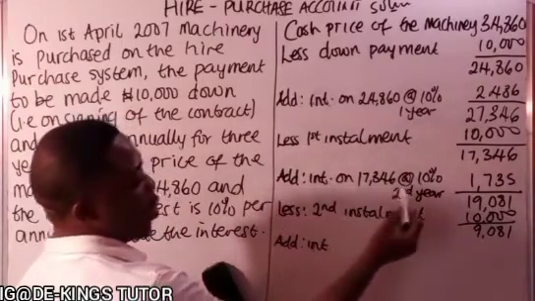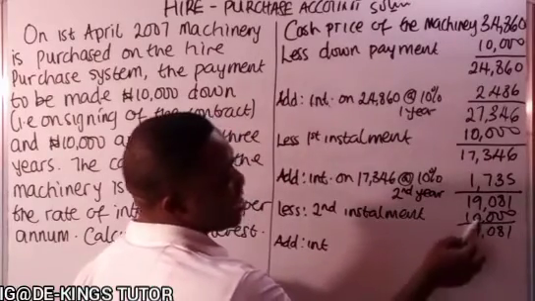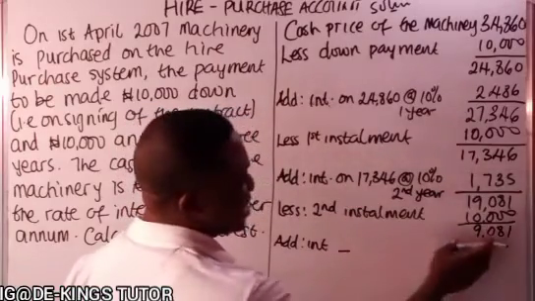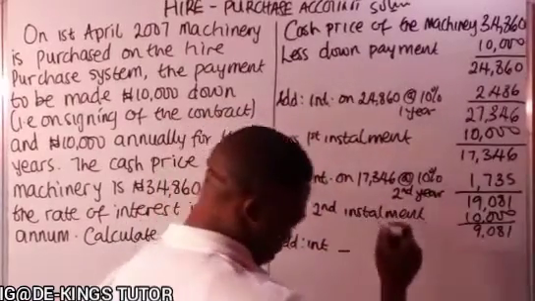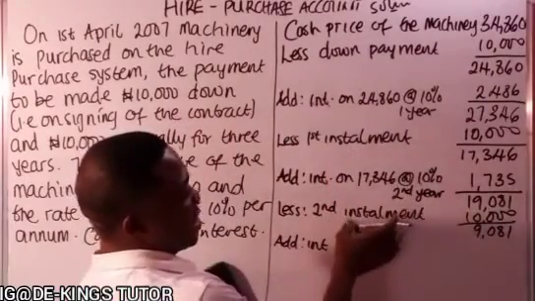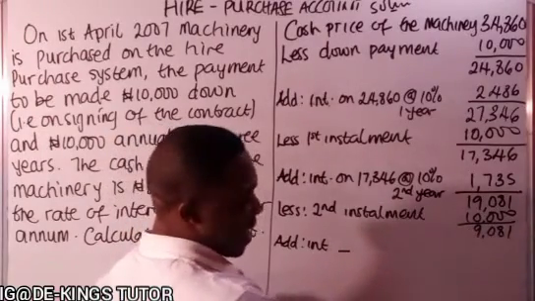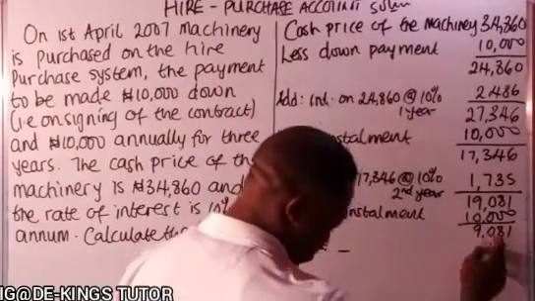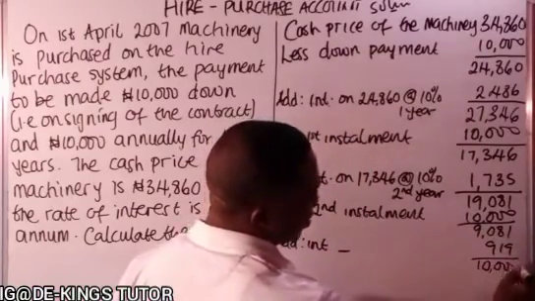Now, the third interest, you will not calculate on 10%. Why? If you calculate on 10%, the amount you get will exceed the last instalment of 10,000. So what we're going to add is the amount that is necessary, since we know that 10,000 is supposed to be paid as the third instalment. So we deduct this amount from 10,000, and the interest will be 919, so that when you add it together, you have 10,000.